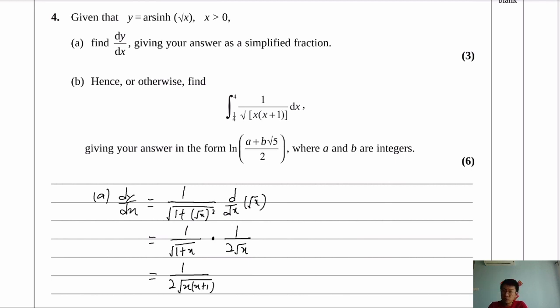When we want to do the rationalization, we have to multiply by a suitable expression to rationalize it, because we don't want to have the square root in our denominator. In that case, we multiply by 1 minus root 5, expand the numerator, and this is what we get.